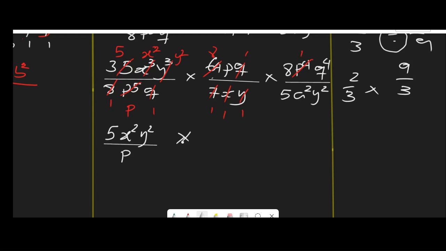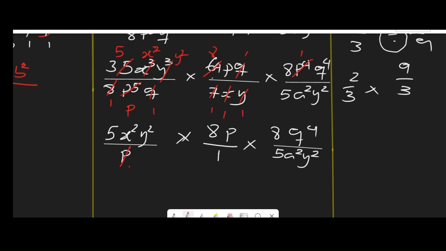So times 8p over 1. All these guys have 1 under them. So we are going to get over 1. And then times 8 q exponent 4 over 5x squared y squared. We can still simplify. After going through the expressions, we can simplify.